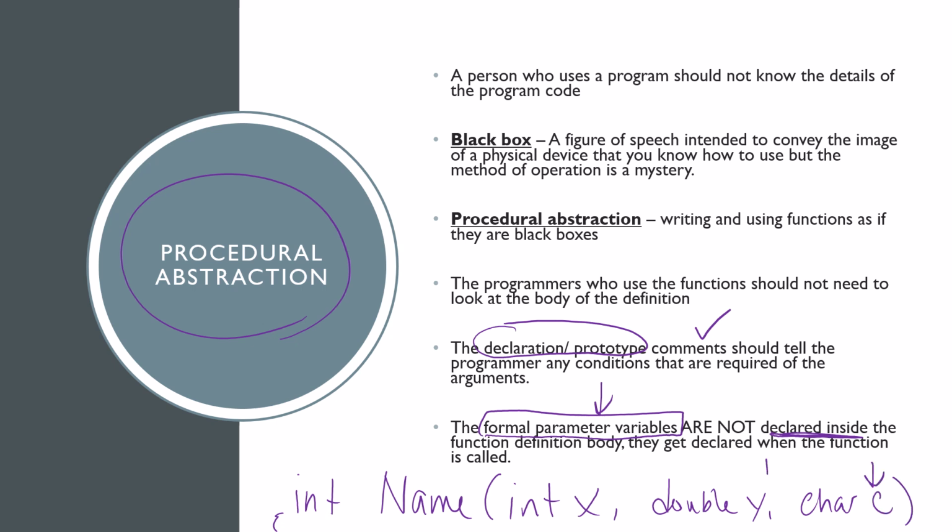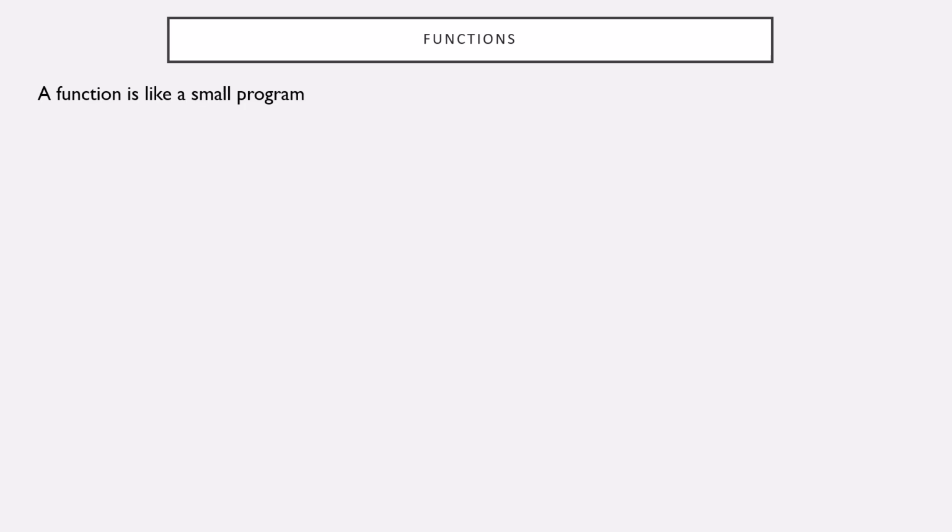C and y and x will get declared when the function is called. So you do not declare them inside the function. That's the whole idea, is that those variables will get declared when the function is called. And if they're value parameters, in this case these are value parameters, they will not only get declared, but they will get declared and assigned the values that are being passed to the function.